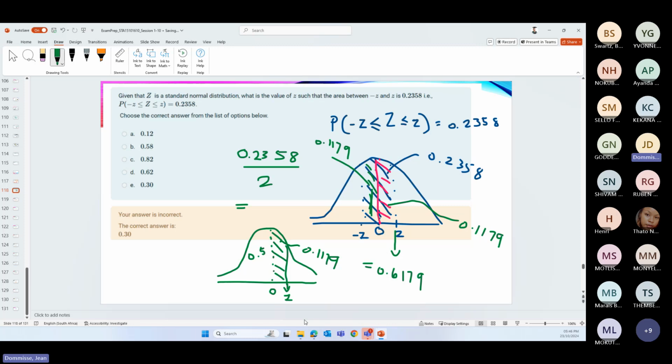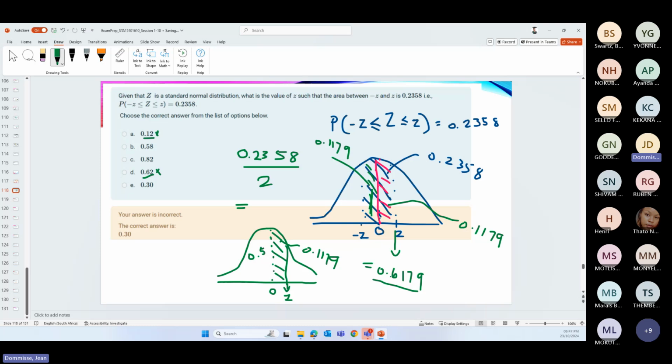Again, where you need to be careful, if you have rounded off that 0.1179 to 2 decimals, there is an answer. If you've rounded off 0.6179 to 2 decimals, there is an answer. Okay, so we're going to the Z table, the positive. We're going to look up the 0.6179, and then we'll see what is the closest Z to that.